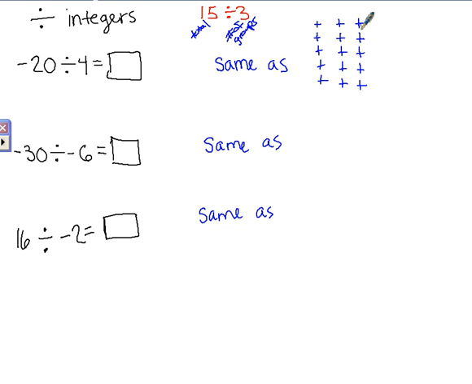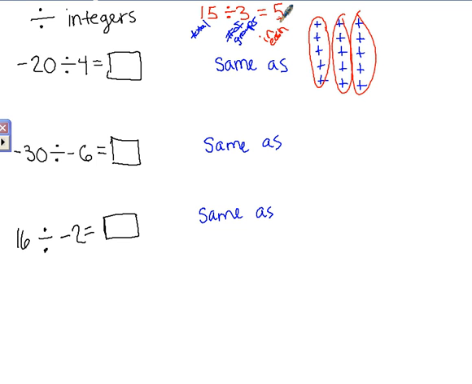So 1, 2, 3, 4, 5, 6, 7, 8, 9, 10, 11, 12, 13, 14, 15 pieces split into 3 groups. And then my question that I'm answering is, how many are in each? Well, in each group, there are 5. And that's why your answer is 5.